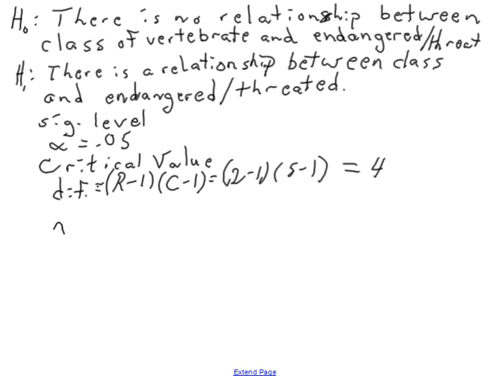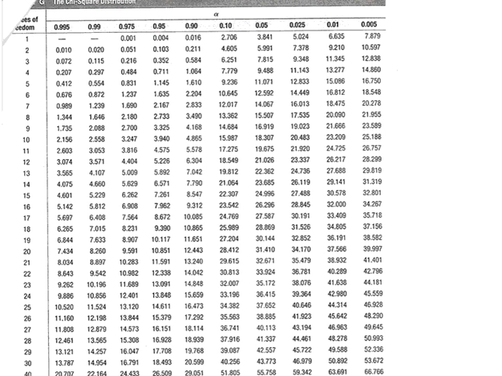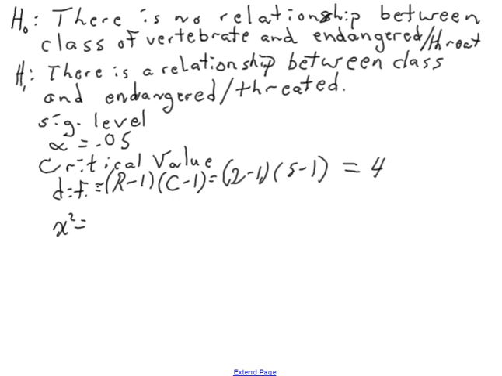That gives us a chi-square score of, going back to that, 0.05, 4 degrees of freedom, 9.488.